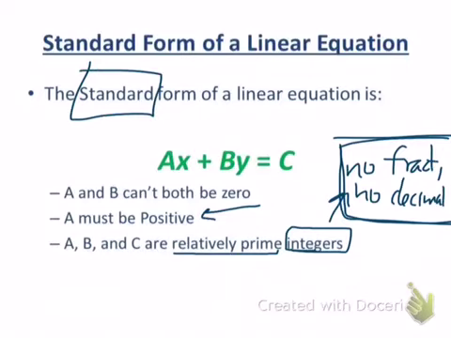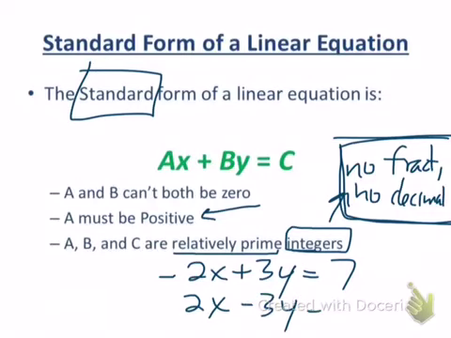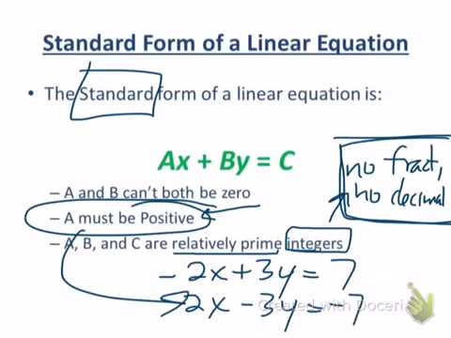Everybody's answer should look the same if everybody follows the same rules, right? But you can't have negative 2x plus 3y equals 7 as standard form and 2x minus 3y equals negative 7. Both of them can't be standard form. So that's why this rule means that this one is the standard form answer. So we use rules so that everybody's answers can be standardized.